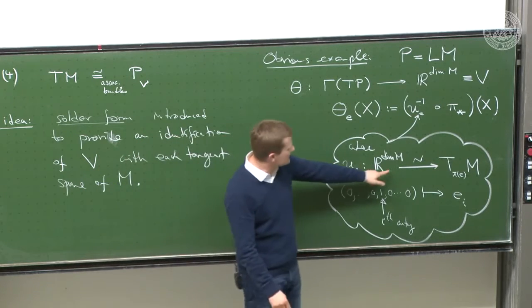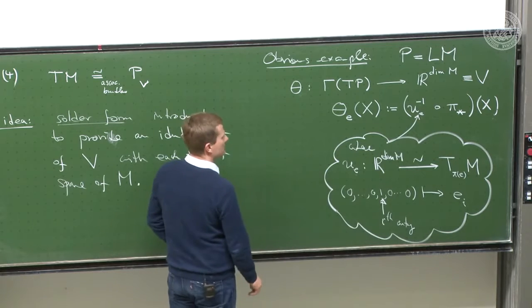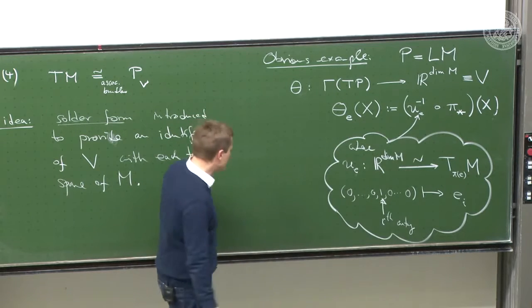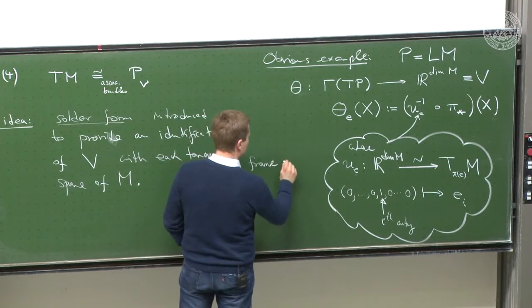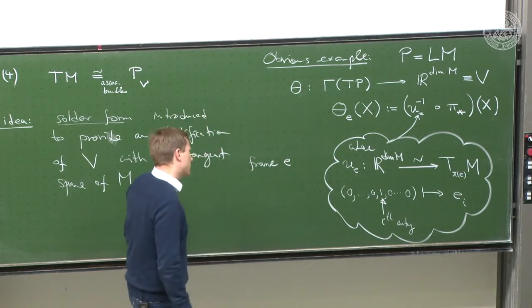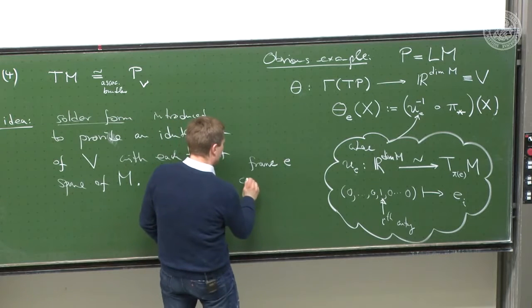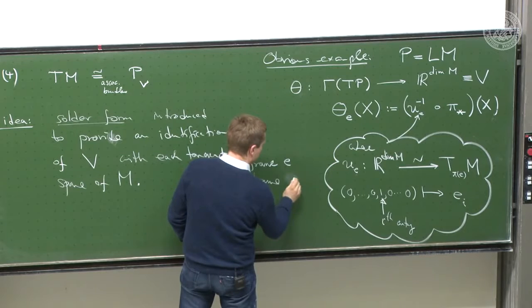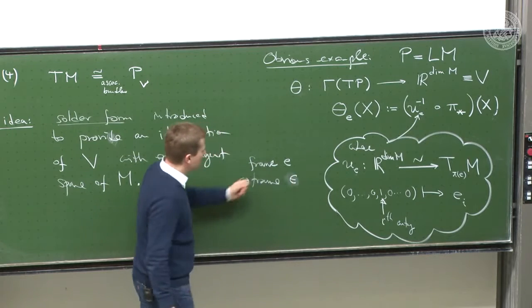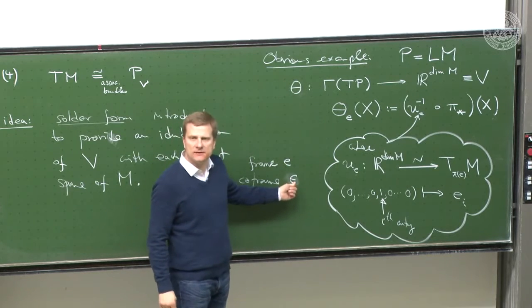And now the question is, what is this inverse? Well, you know this inverse. If this is a frame, E, a basis of the tangent space at some point, then you know that you can look at a coframe, which is automatic. Well, okay, let's call it epsilon. If you have a frame, then by duality you can define a coframe without extra structure.